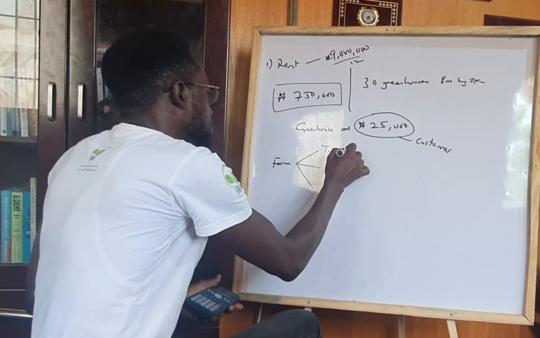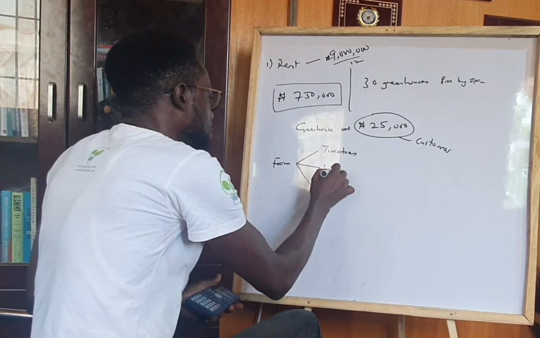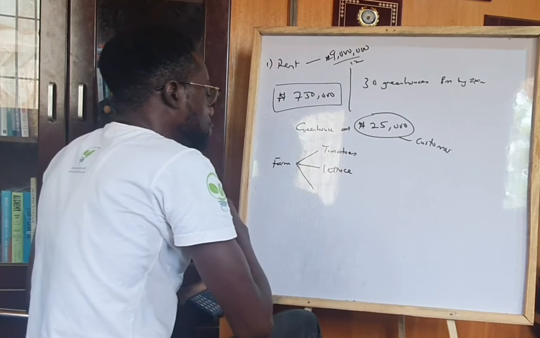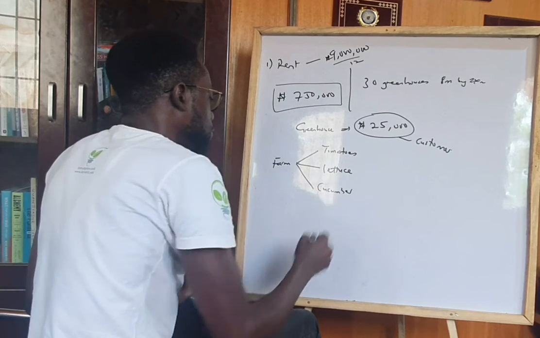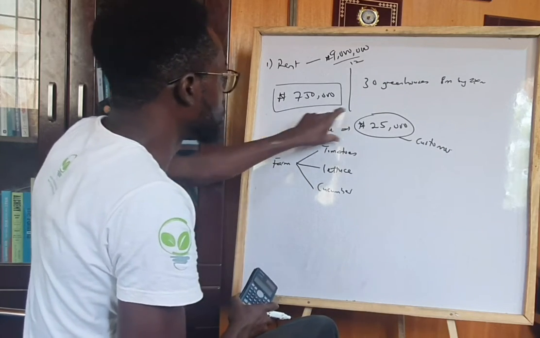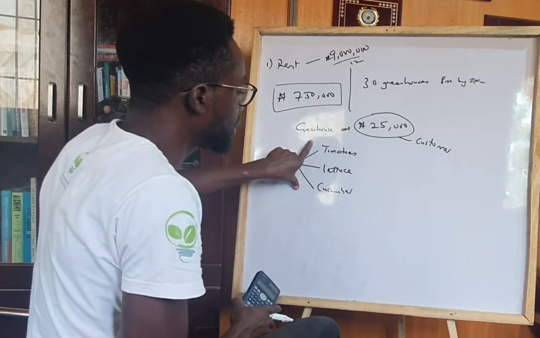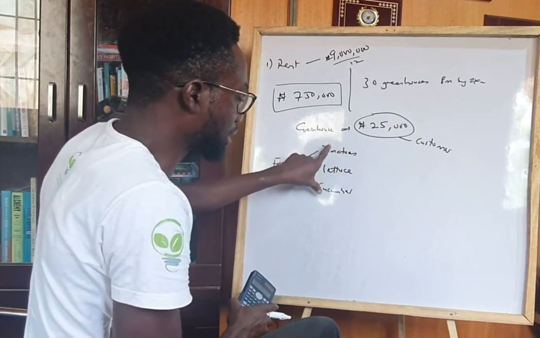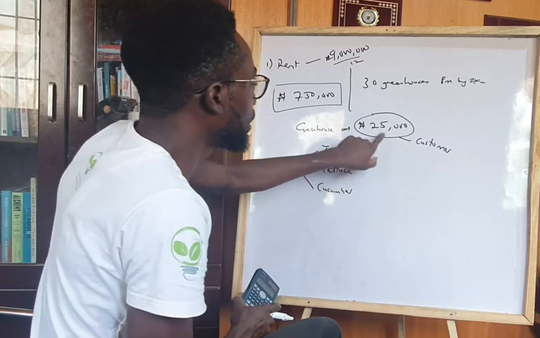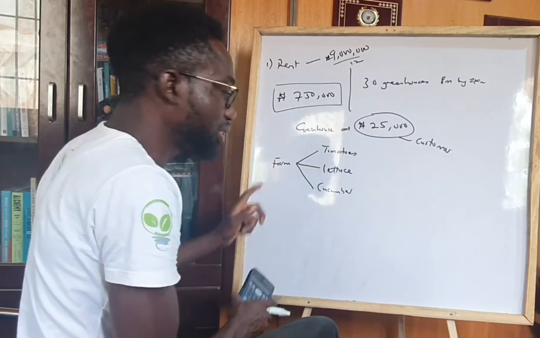We will use tomatoes, lettuce, and we can also use cucumber. So I would run this cost using these 3 different produce that I want to sell, and how I will put this cost on them.